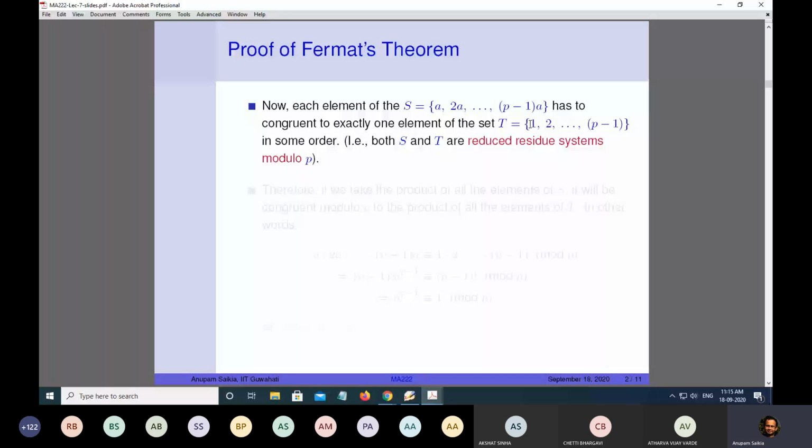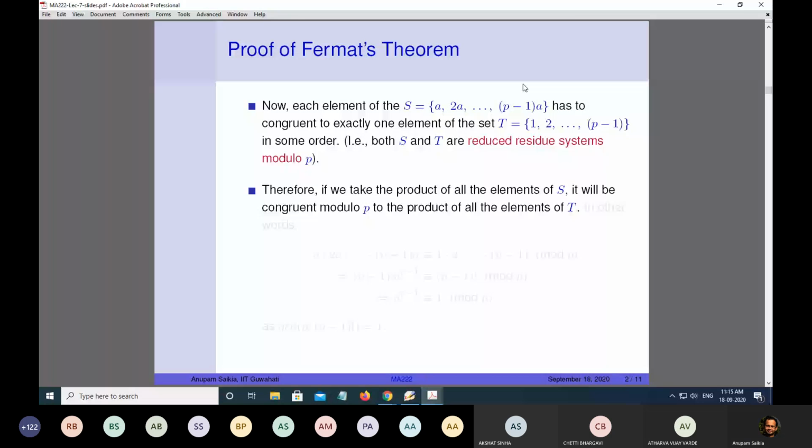So if we take all the elements in this set and look at the remainder when divided by p, it will be the same as the remainder when we multiply these numbers and divide by p. We know that if x is congruent to y mod p and z is congruent to w mod p, then xz is congruent to yw mod p.